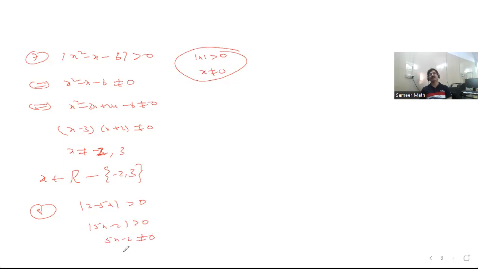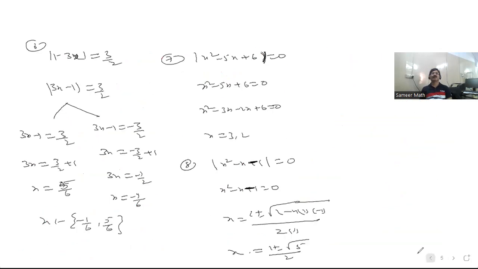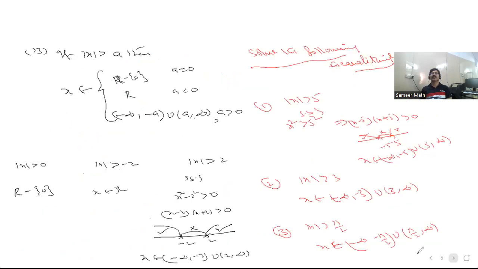Anything you substitute is correct, but this should not be 0. So x is not equal to 2 by 5. So your answer is x belongs to R minus 2 by 5.